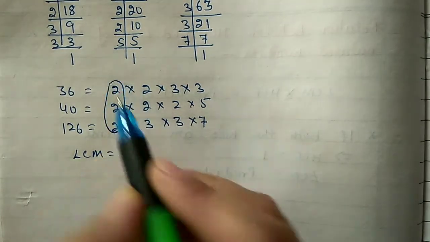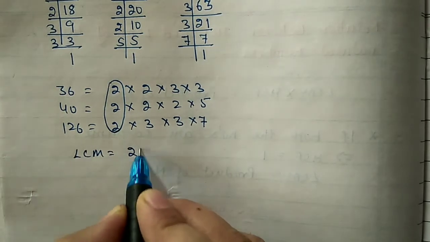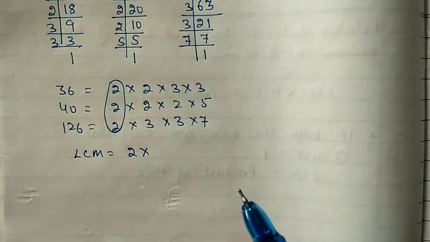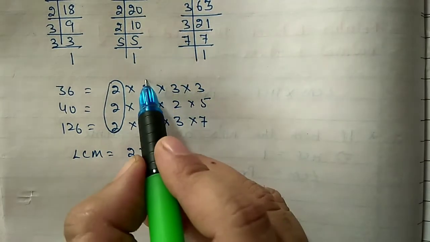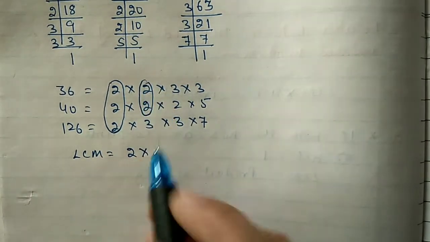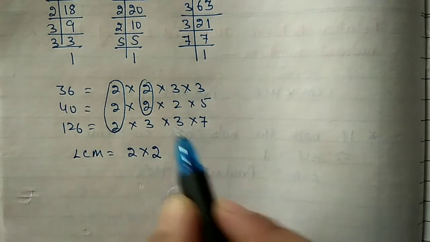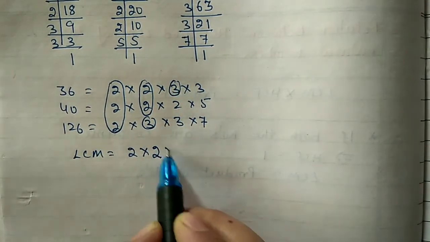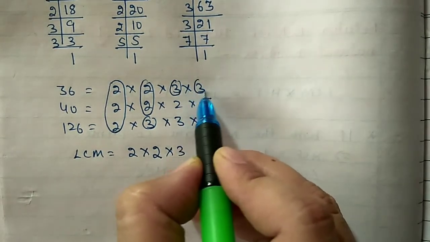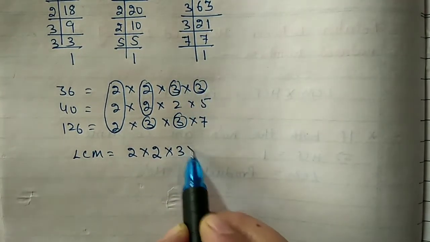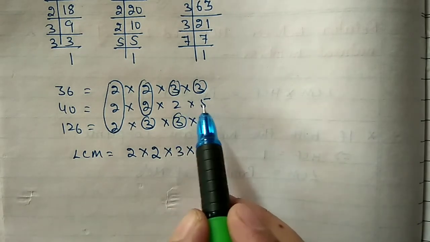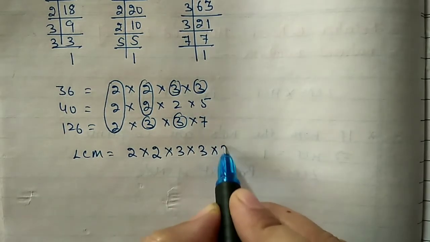So from the 3, this 2 is common and no other number is common. Now we will take common from 2 2. So from these two, 1 2 we can take out as common, and 1 3 from here and here we can take out common. Then one more 3 is common, and now the leftover numbers which are not common are 2 into 5 into 7.